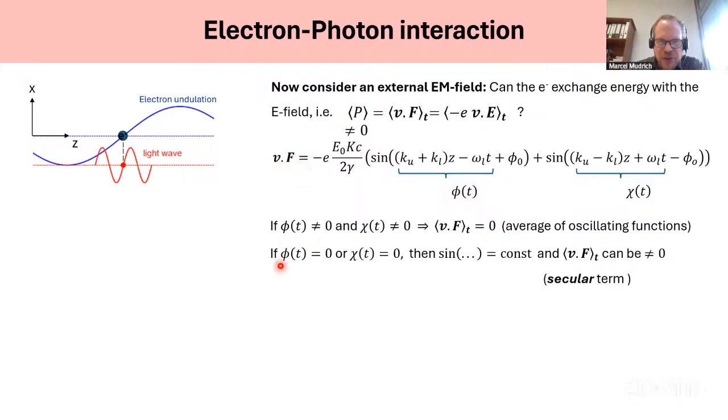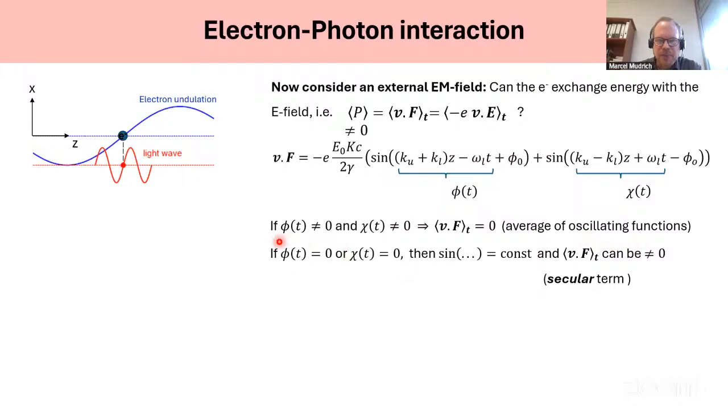So one of the two phases has to be 0. And in that case, we get a constant contribution, which in the time averaging would give us a finite contribution. This is also called the secular term, in contrast to the oscillating terms, which would average to 0.